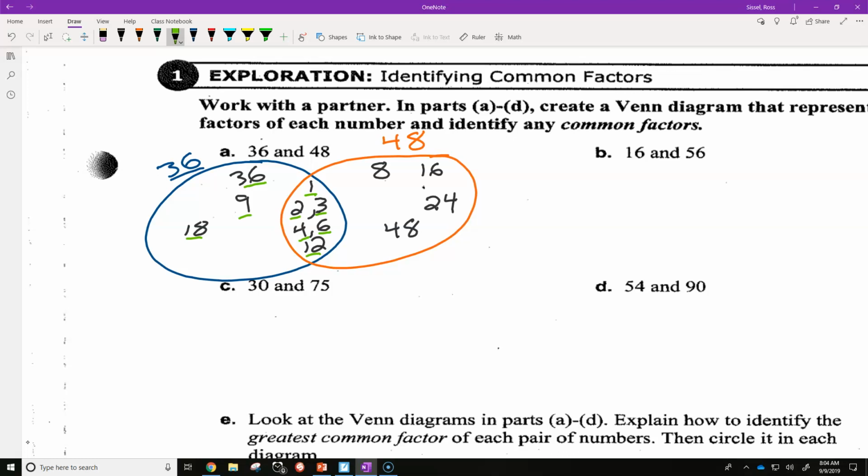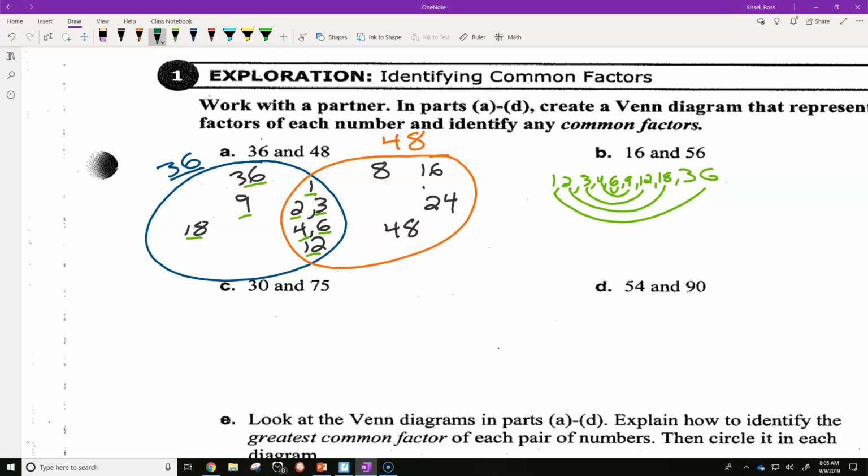So if I'm checking all these, I'm going to write it over here. 1 went to 36, 2 went to 18, 3 goes to 12, 4 goes to 9, and when we did 6, because it looped to itself, we don't have to check any more factors. And we know we have them all. Notice we didn't have to check 5 because 5 doesn't go into 36.